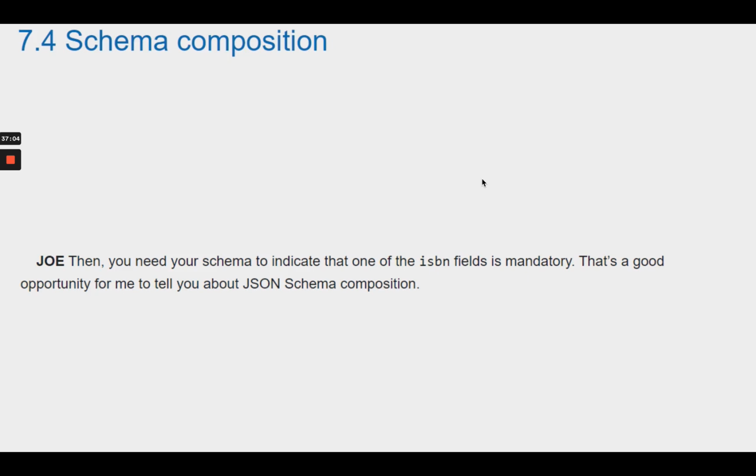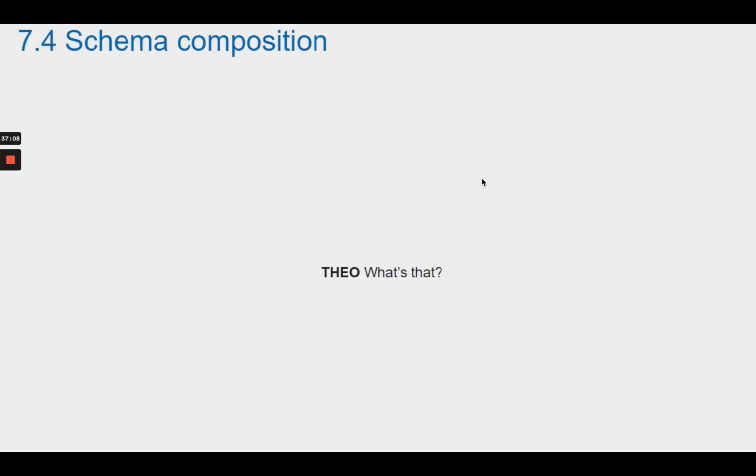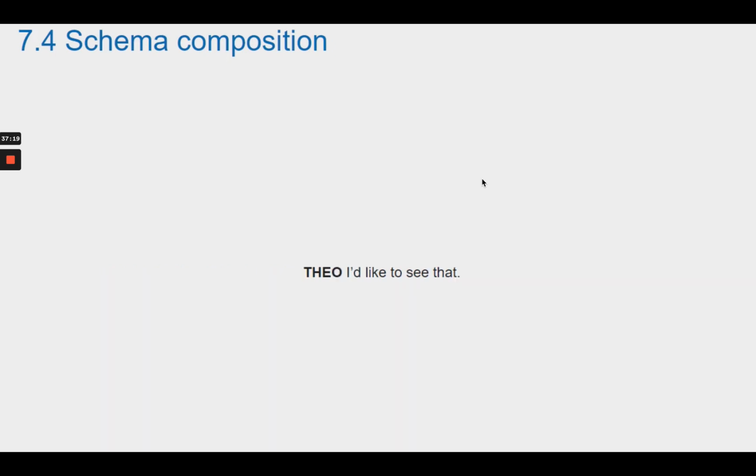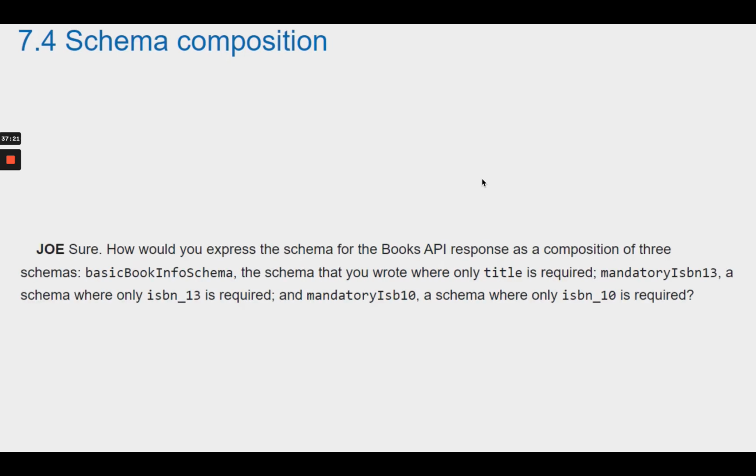Joe: Then you need your schema to indicate that one of the ISBN fields is mandatory. That's a good opportunity for me to tell you about JSON schema composition. Theo: What's that? Joe: It's a way to combine schemas, similarly to how we combine logical conditions with and, or, and not. Theo: I'd like to see that. Joe: Sure. How would you express the schema for the Books API response as a composition of three schemas?